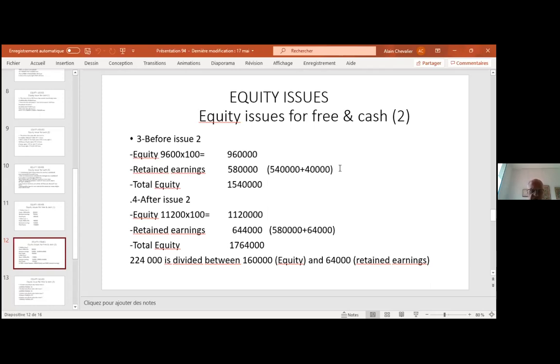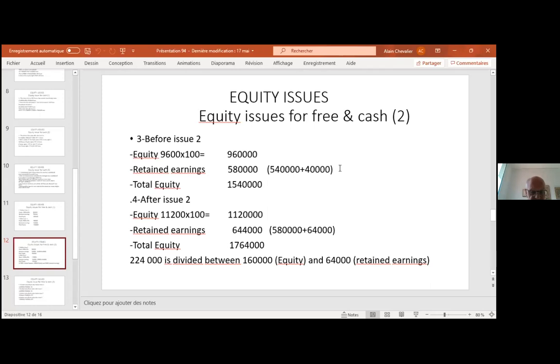1,764,000. If you put it another way, you have an increase in the cash level for the firm, which is equal to the number of shares issued, 1,600, multiplied by 140, which is equal to 224,000.